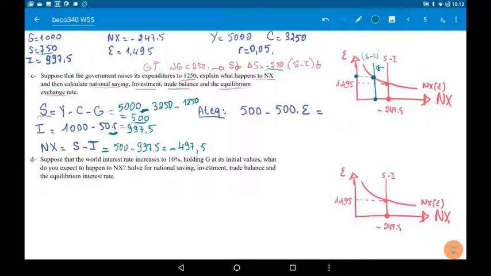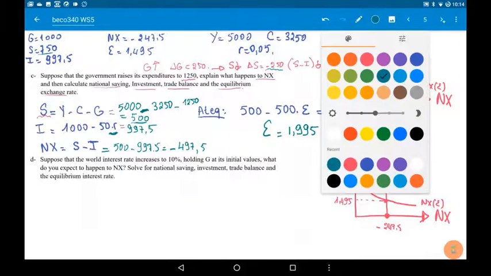So now NX equals minus 497.5. At equilibrium, we will solve for the new equilibrium exchange rate. It's equal to 1.995.